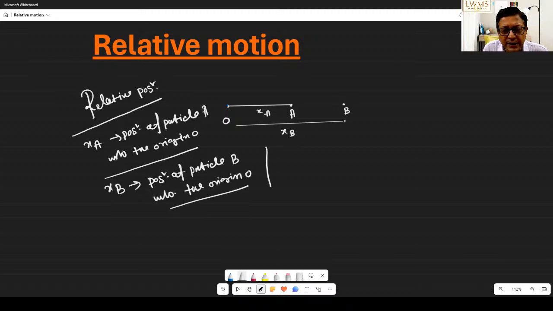Then what is a relative position? Hope you all are ready with the pen and paper and start doing it with me.